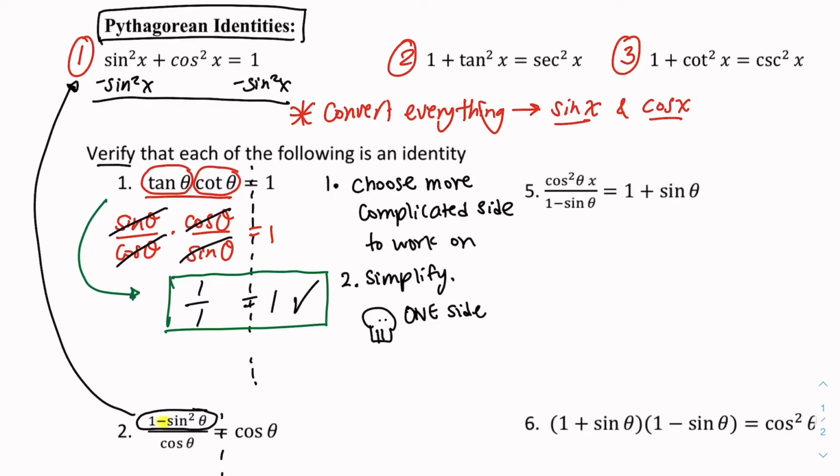And lo and behold, we're left with cosine squared x on the left equals 1 minus sine squared x on the right. That's great news because if I want to simplify, then the way things currently stand down here in number 2, nothing can cancel because of this minus sign. In case you're wondering, hey, why don't we just cancel stuff?